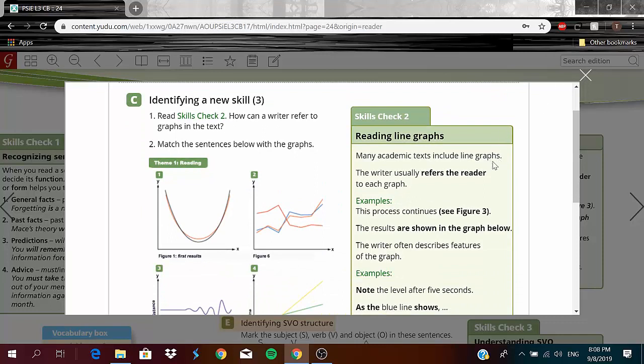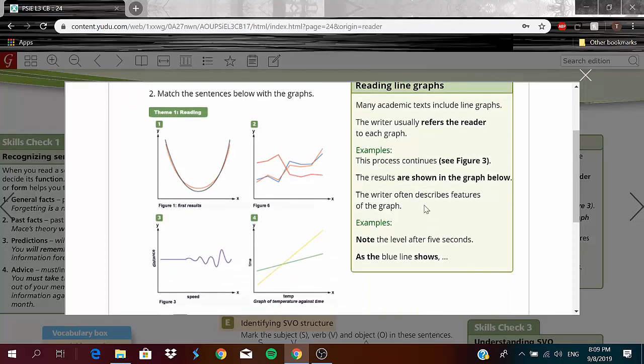So, there are obviously different types of graphs. We have flowcharts, graphs, different styles for graphs, and such. The writer usually refers the reader to each graph, like we just saw in the previous text. So, examples: this process continues, see Figure 3. The writer here is referring us as readers to the graph. Or the writer could also say, the results are shown in the graph below, and you'll find a graph below.